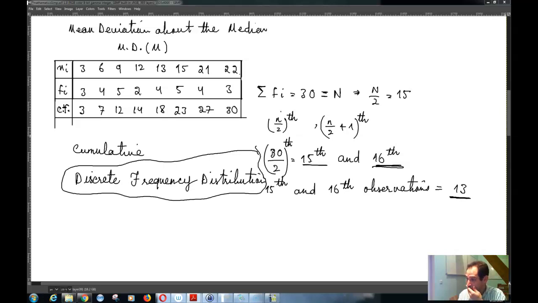So over here, once you set up your table like this, your n is equal to 30, which is an even number. The median is the mean of the 15th and 16th observations.